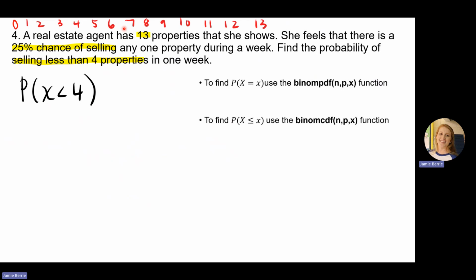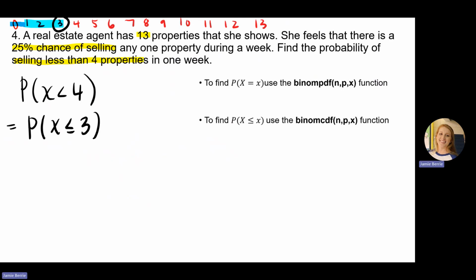So if we're saying the probability that she sells less than 4, that's all these values and also this one. Less than 4 is the same thing as saying 3 or less. So let's set up our binomial problem.